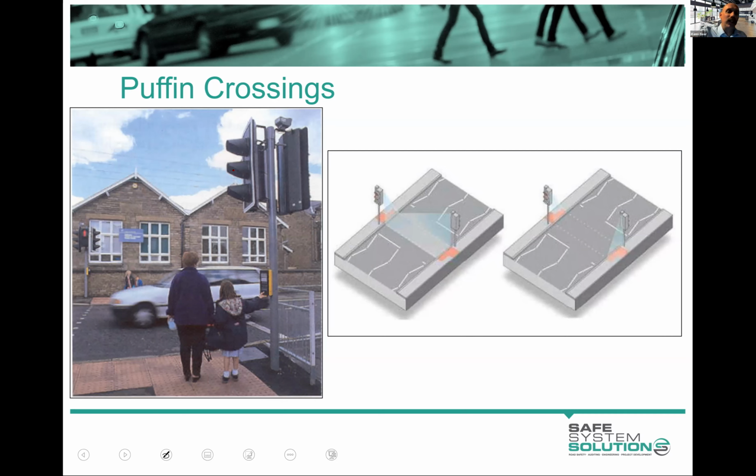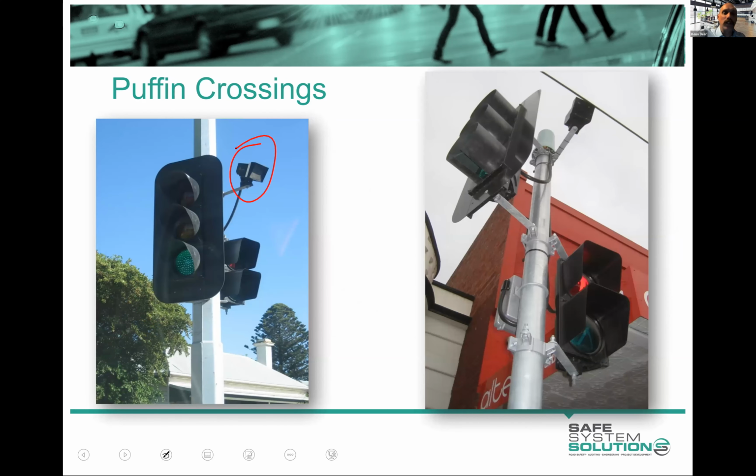It's the same technology, just put into the signals. As there's movement on the crossing, it holds the lights red for vehicles until there's no movement on the crossing. You will see those devices on some pedestrian crossing facilities.